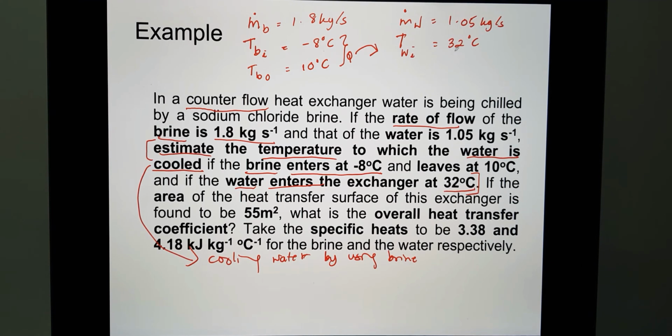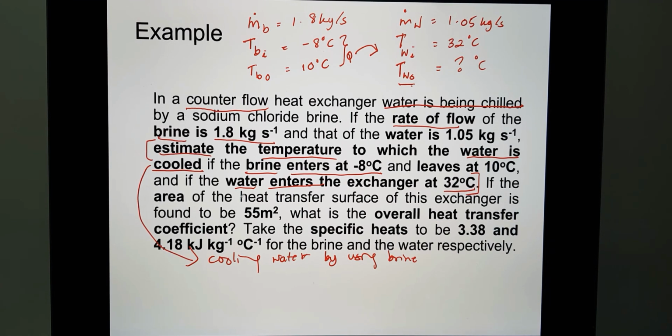Now, what is involved in this problem statement is that water is being chilled. Water needs to be cooled down. So T water out is the one that is unknown, because what will be the temperature of water going out after it has been cooled by using the brine? So the first part is you need to calculate the exit temperature of the water.